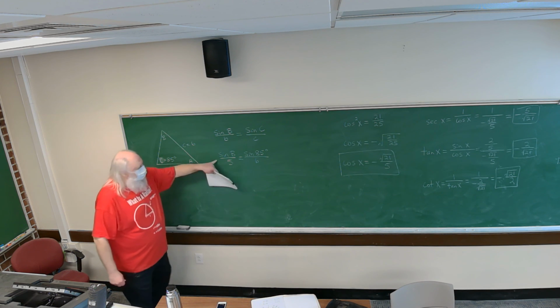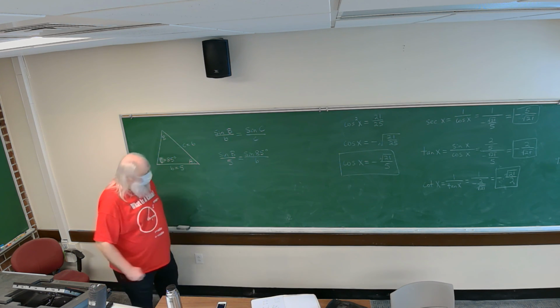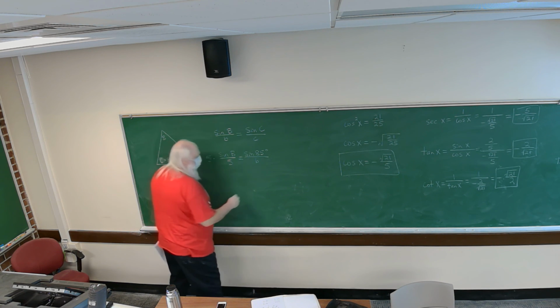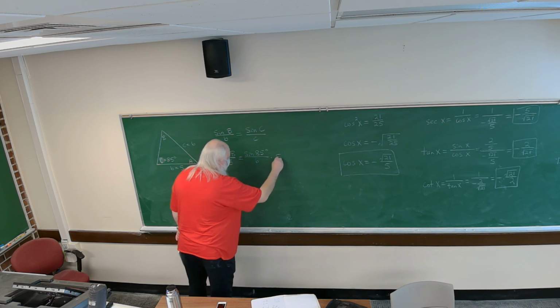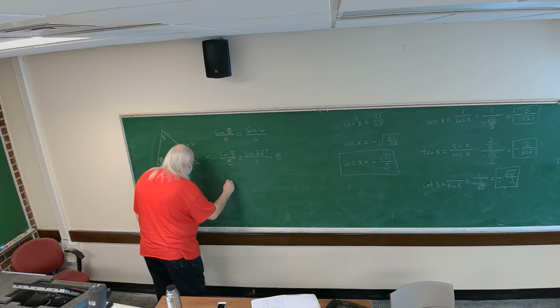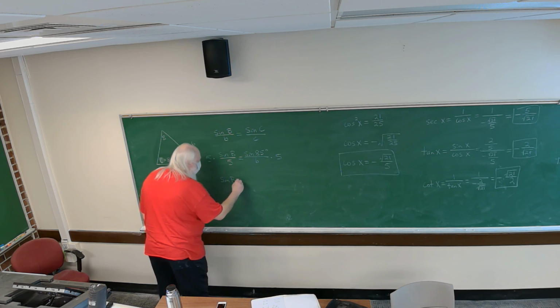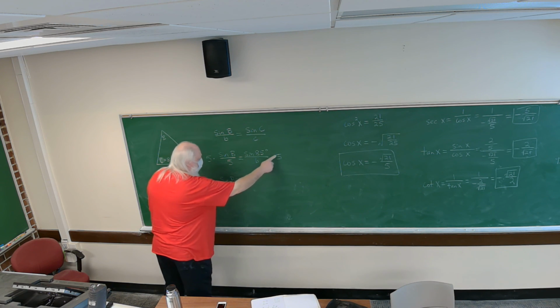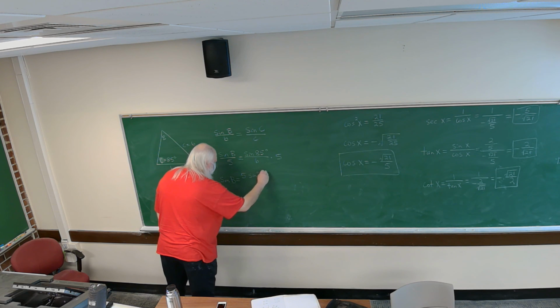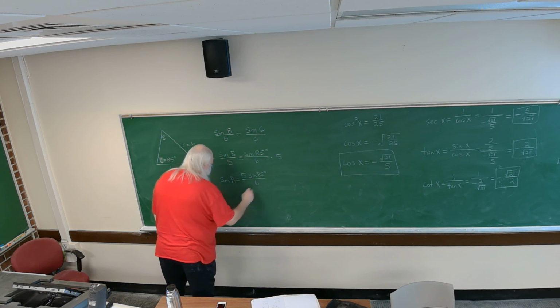So now if we multiply both sides of this equation by 5, 5 cancels on the left. We have the sine of angle B is equal to 5 times the sine of 85 degrees over 6.